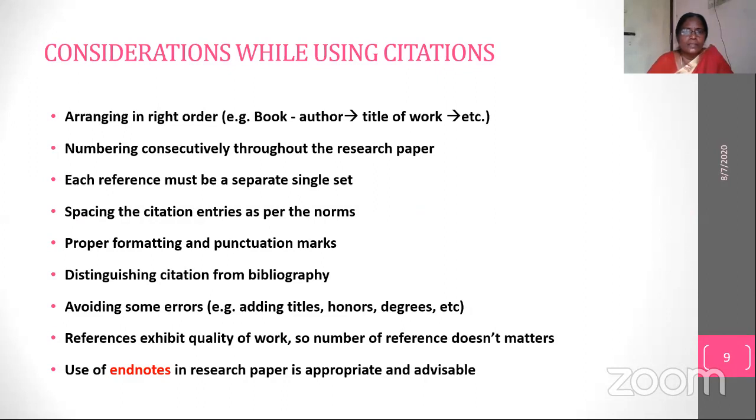Then we close the bracket, and then put a comma, and then print P, then a dot, and then the page number, and then end with a dot.